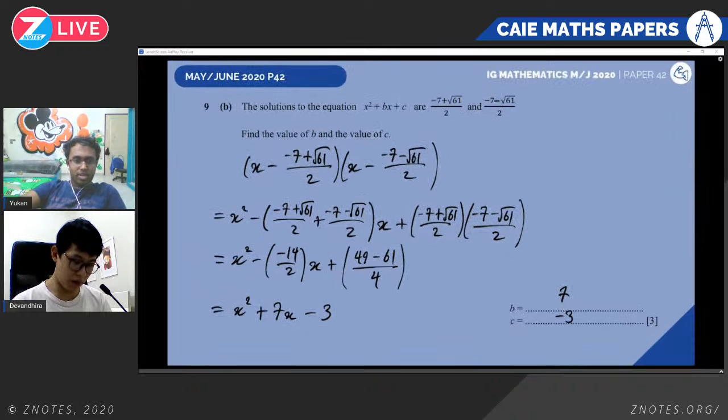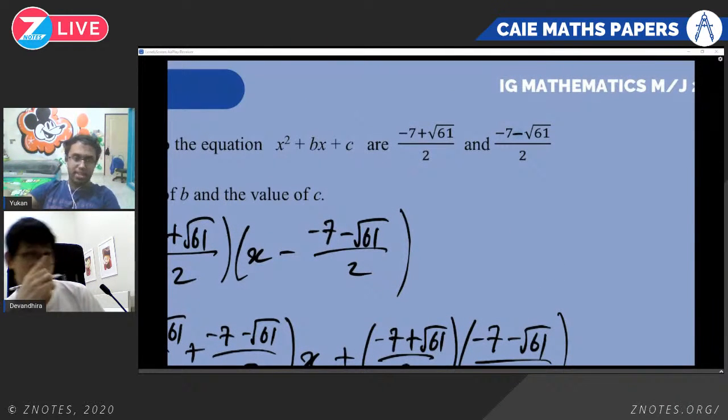Your way of doing it was actually quite long. One other way you could do it is if you look at the roots, right? When you do your quadratic equation, it is in the form x equals -b plus or minus square root of b squared minus 4ac all over 2a.